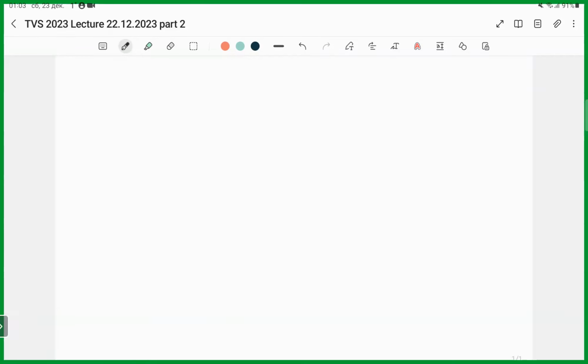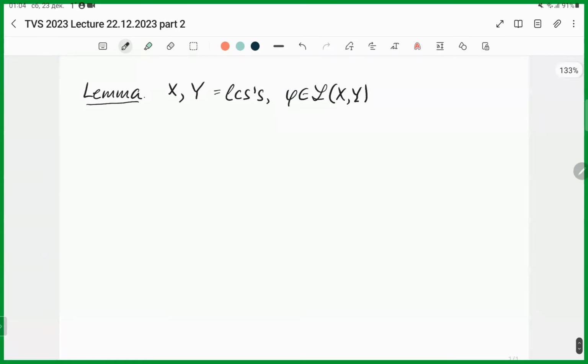Okay, so the lecture was interrupted when we tried to prove the following technical lemma. Suppose that X and Y are locally convex spaces, and suppose that phi is a binuclear continuous linear map from X to Y. Let's recall that binuclear means that it can be factorized as the composition of two nuclear operators.